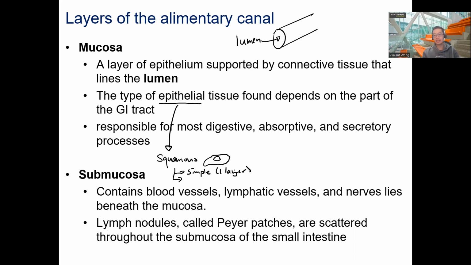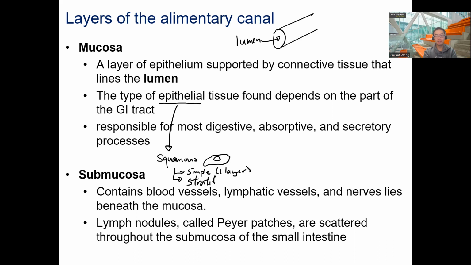These are very delicate and not meant for protection. You would have simple squamous in places where you want things to go through relatively easily. Like in the alveoli, for example, there would be simple squamous epithelial tissue because diffusion occurs there. You want oxygen and carbon dioxide to be able to pass through with relative ease. So that's where you would have simple squamous.